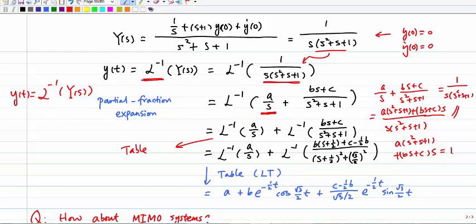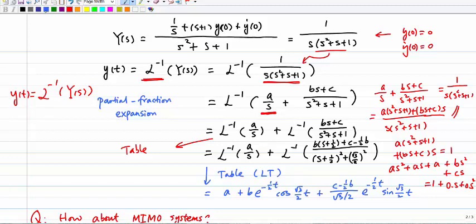This must be equal to 1. If I simplify, it is As squared plus As plus A plus Bs squared plus Cs. This must equal 1, which also means it is equal to 1 plus 0 times s plus 0 times s squared.